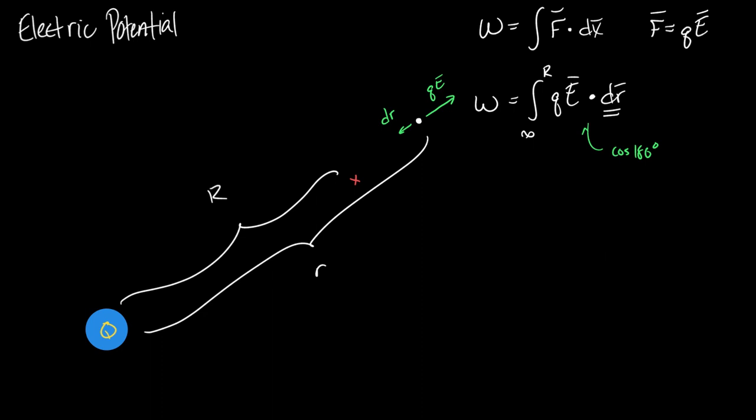Who's doing the work? Is it me? Am I doing the work, pushing the particle there? Or are we just looking at the absolute change in work being done? These are all questions that have kind of a gray area answer, because nobody's actually moving the particle, right? We're just talking about the difference in potential between two places.